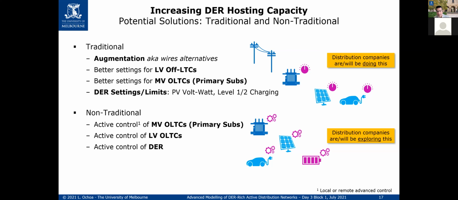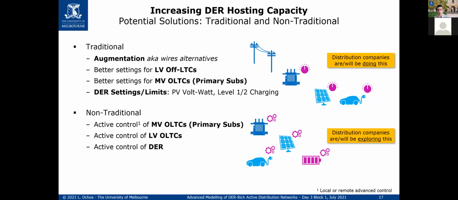You can control actively distributed resources, as I was mentioning earlier. We can send settings to the photovoltaic inverters, to the inverters of the batteries, to the charging points of the cars, or to the cars themselves. This is being explored, all right? And this will continue to be explored because we need to understand what are the advantages, what are the complications, and what is the cost, because at the end of the day, we need to compare them.